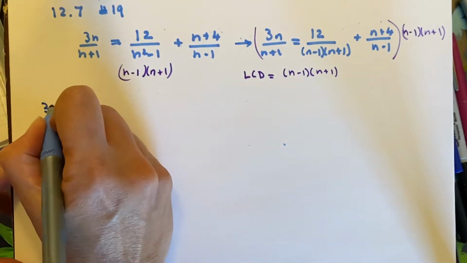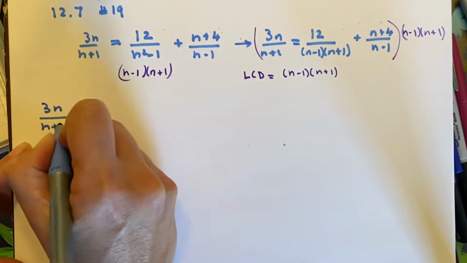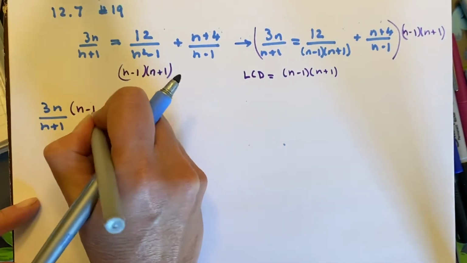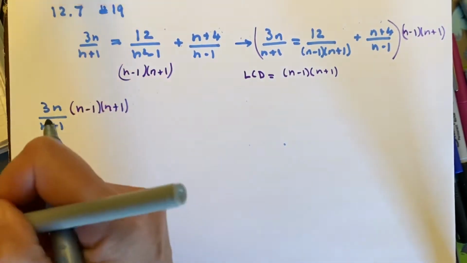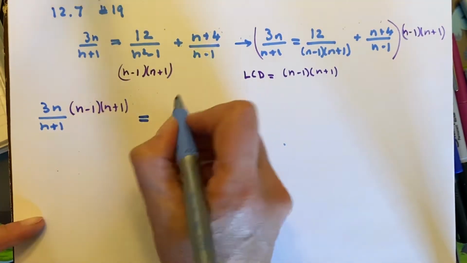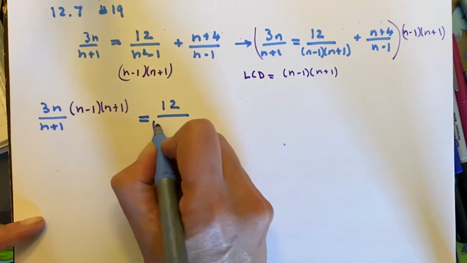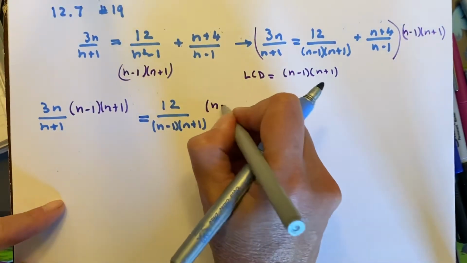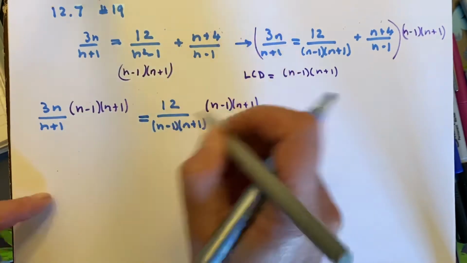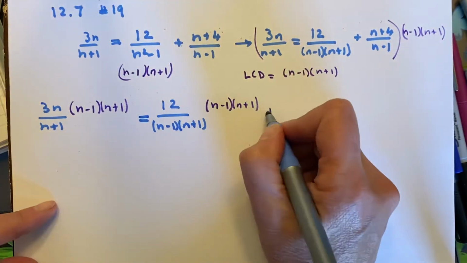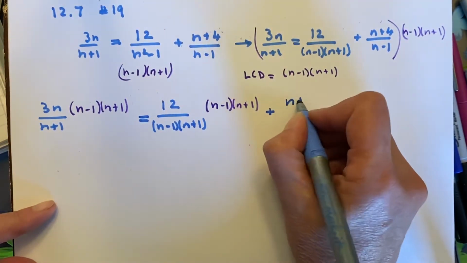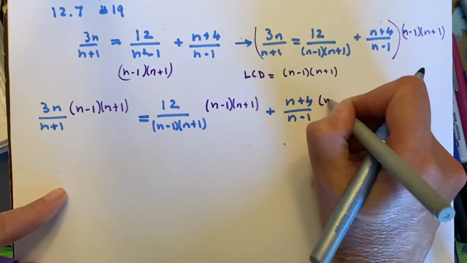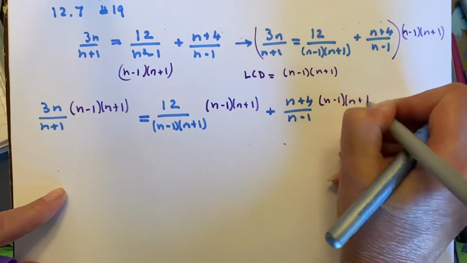So that means I'm going to get 3n over n plus 1 times n minus 1, n plus 1 equals 12 over n minus 1, n plus 1 times n minus 1, n plus 1 plus n plus 4 over n minus 1 times n minus 1, n plus 1.